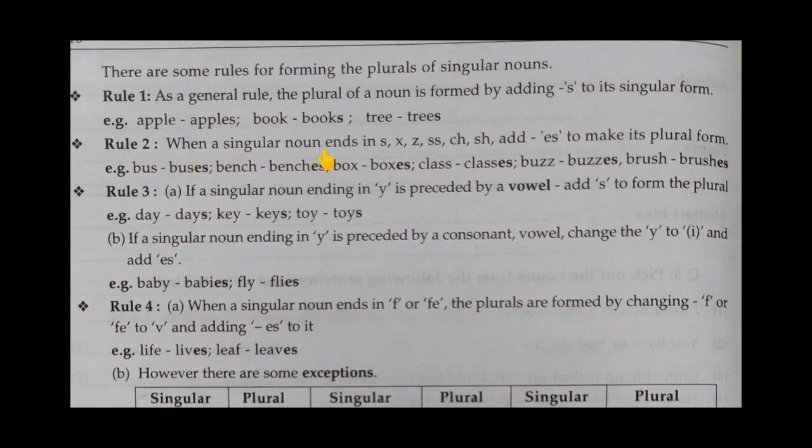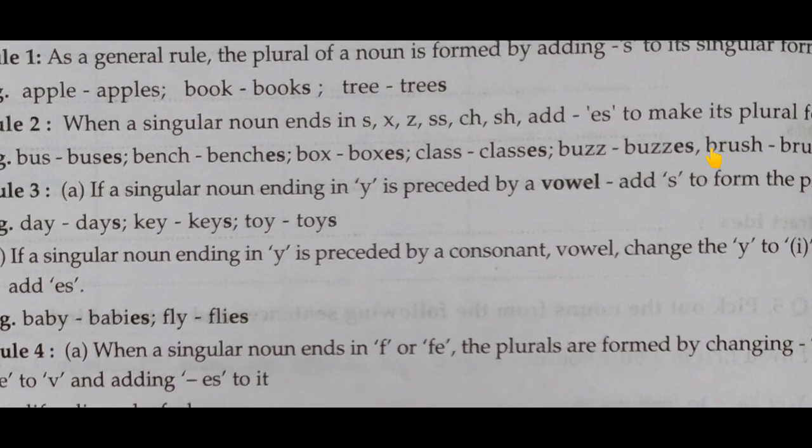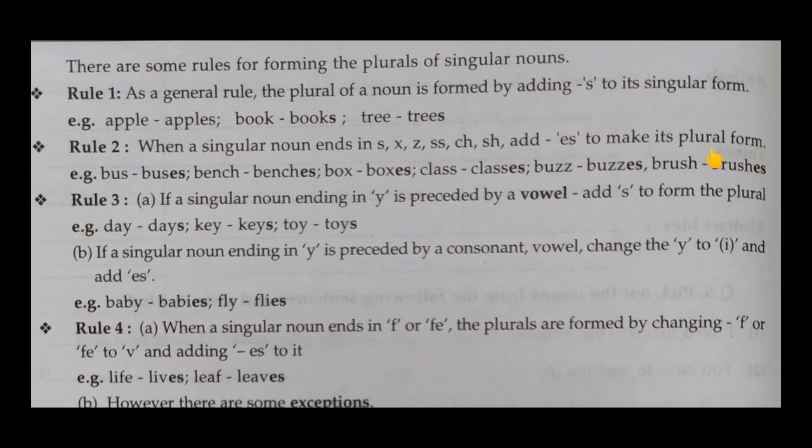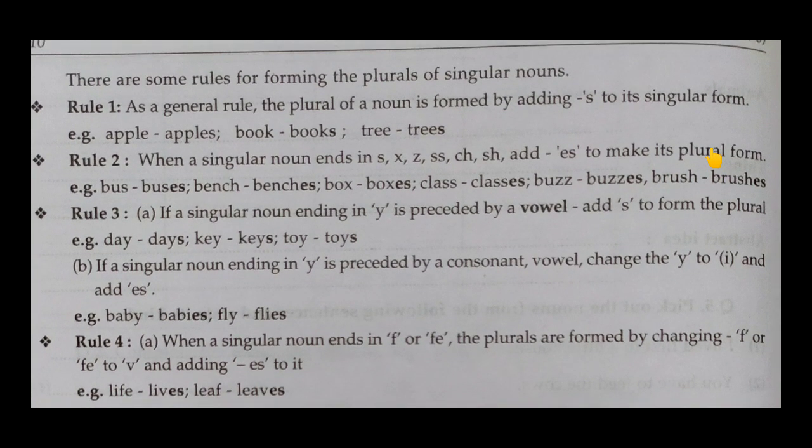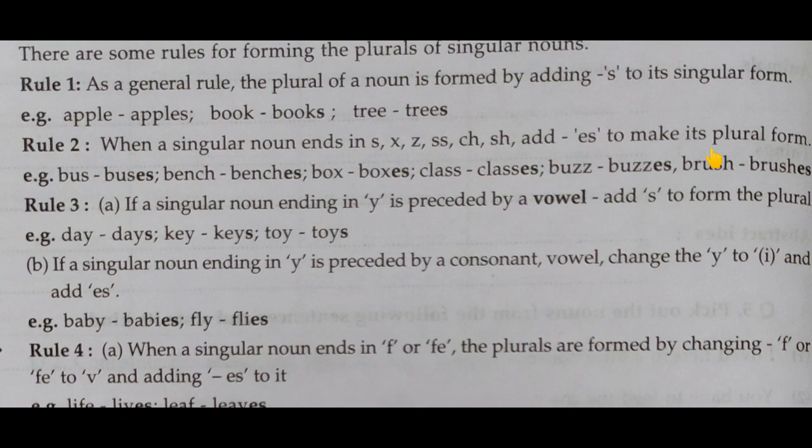When a singular noun ends in s, x, z, ss, ch, sh, add es to make its plural form. So students, you have to just remember these rules, and according to these rules you have to convert the singular into plural noun.